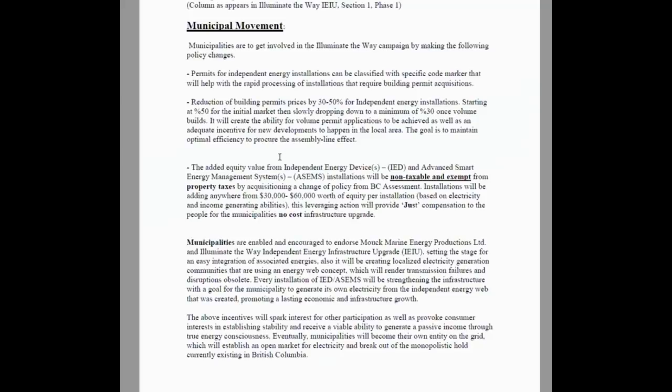So this is the beautiful part about it: added equity value from independent energy devices and advanced smart energy management system installations will be non-taxable and exempt from property taxes, as well as point of sale, by acquiring a change of policy from BC Assessment, which the letters of support grant. So we can start pushing that.